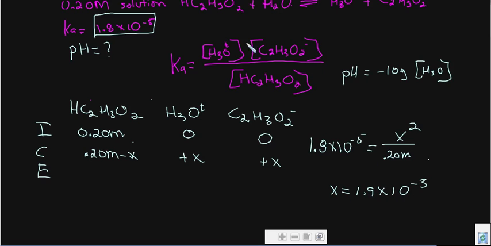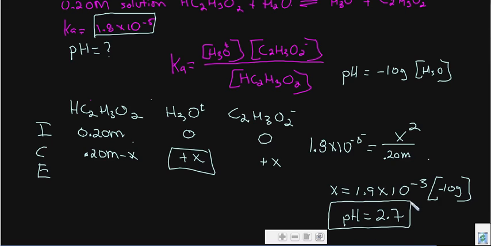Now we find out that H3O+ is just simply x, so that's also the concentration of the hydronium ion right there. So now all we've got to do is take the negative log of that, and when we take the negative log, we find out that we end up with a pH of 2.7.